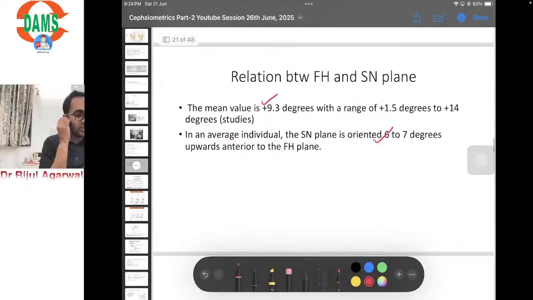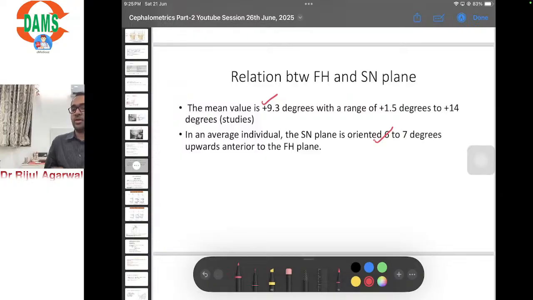So how does this orientation become important? Imagine a situation, as I told you in the last class, the natural head position, NHP. If while positioning the patient in a cephalostat, the patient orients his head upwards, what will happen? The FH plane will also turn upwards, and likewise if the head is tilted downwards, the FH plane will also tilt downward.